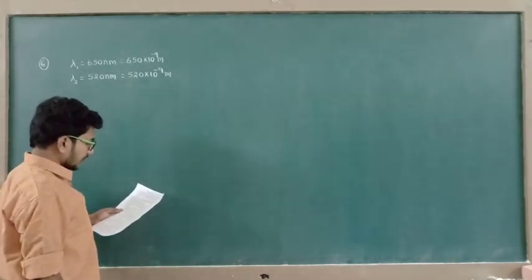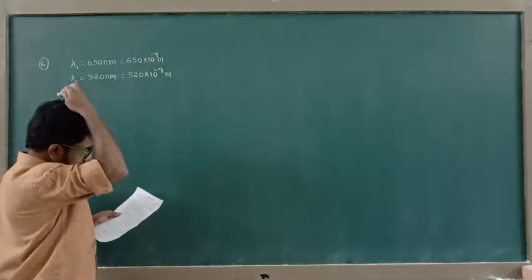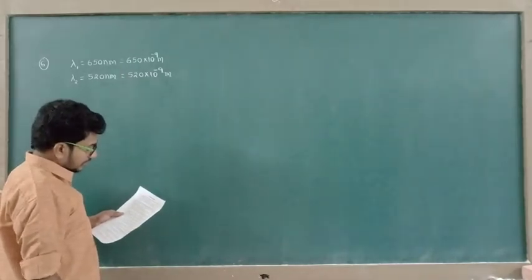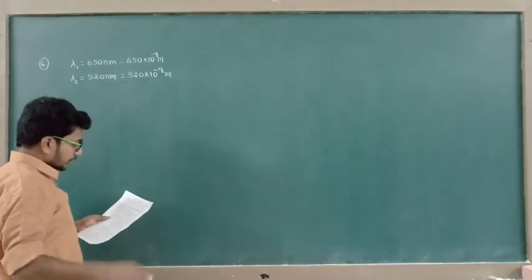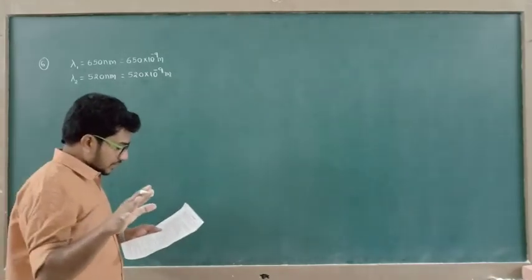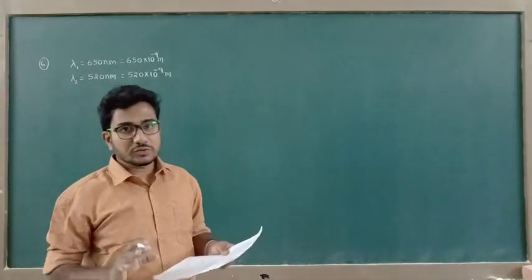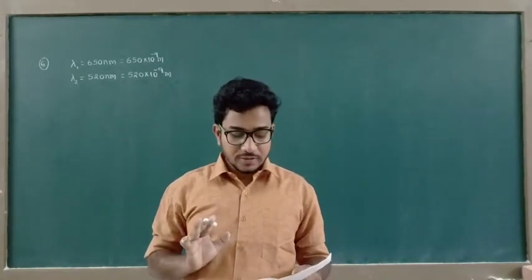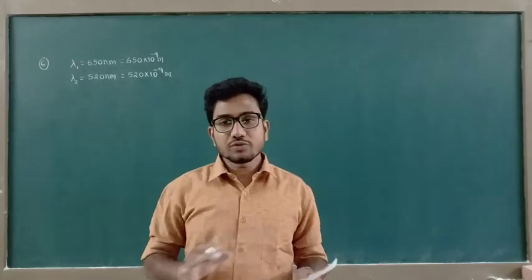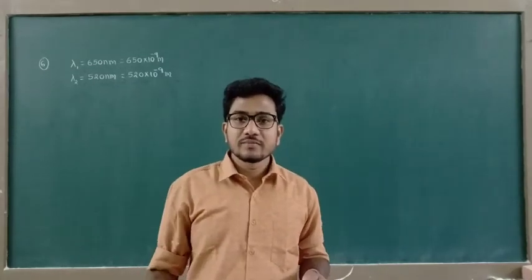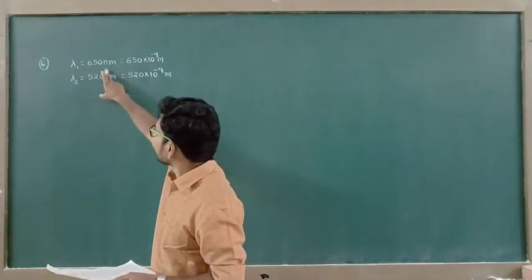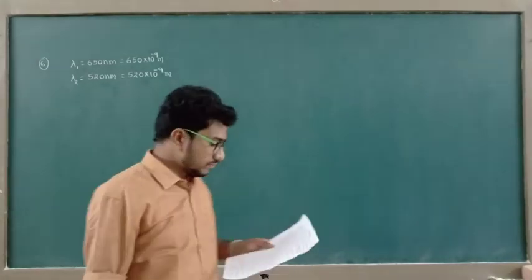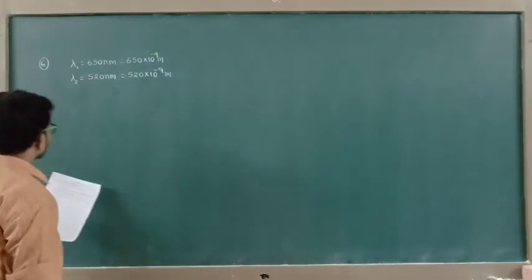In the first case, find the distance of the third bright fringe on the screen from the central maximum for wavelength 650 nanometer. That means you just imagine yourself in this double slit experiment when you are going to use light of wavelength 650 nanometer. During this case, find the position of the third bright fringe with respect to lambda 1, 650 nanometer.